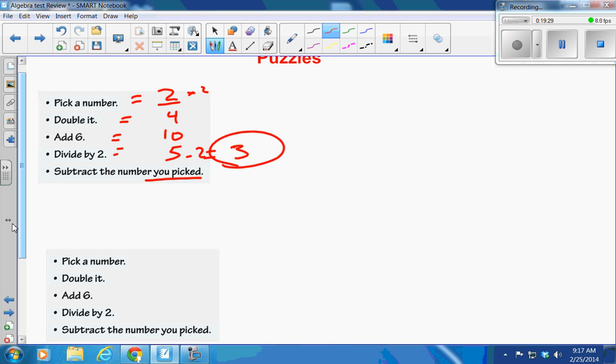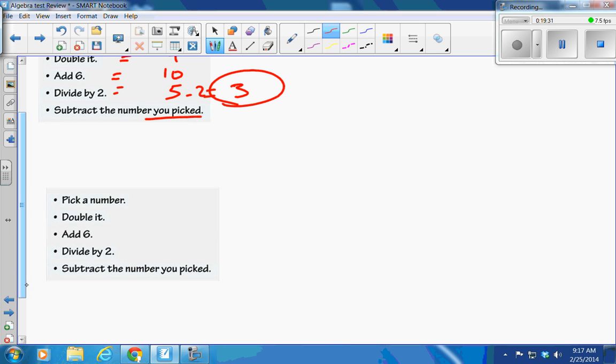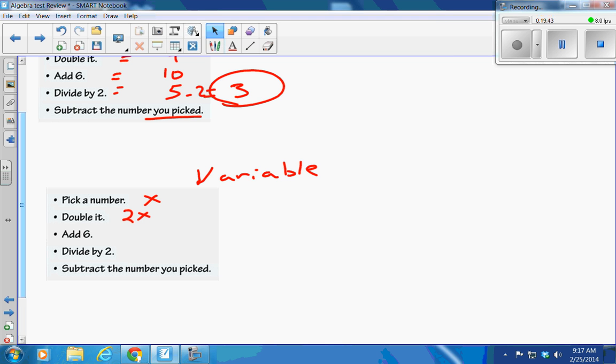Now, the second part of puzzles is you have to do it with a variable. So pick a variable. I'm going to pick x. Then double it. That is 2 times x. Then I'm going to add 6. So I have 2x plus 6. Now divide by 2. Here's where it gets tricky, because since I have to divide by 2, it looks like this. But times 2 and divide 2 cancel themselves out.